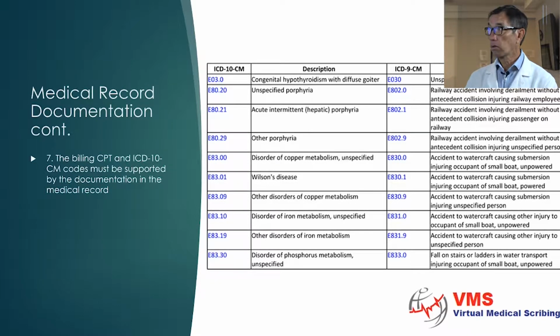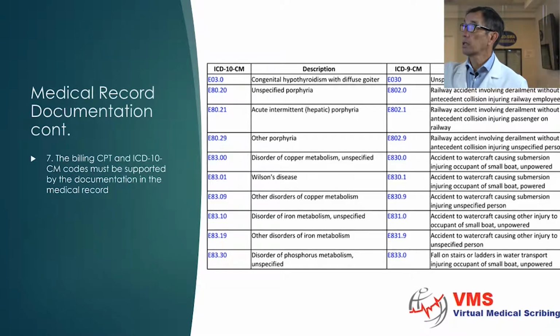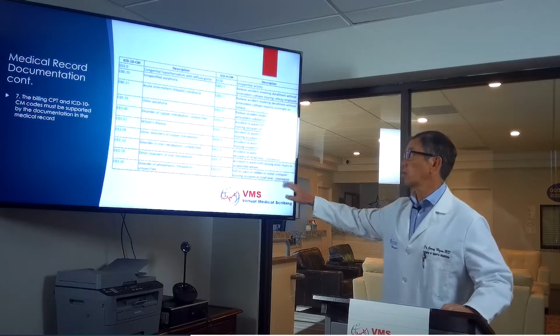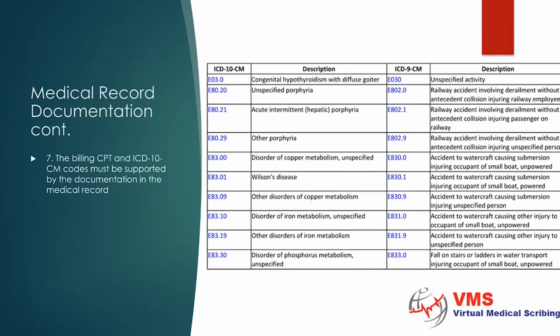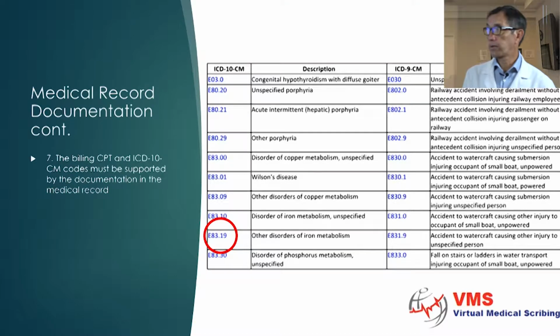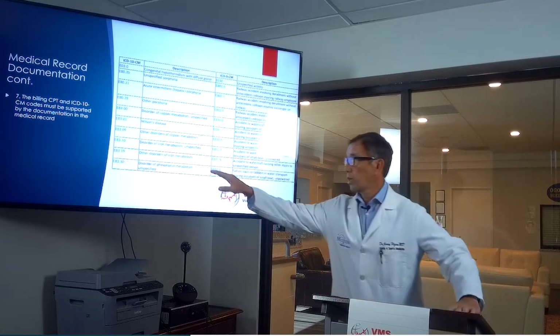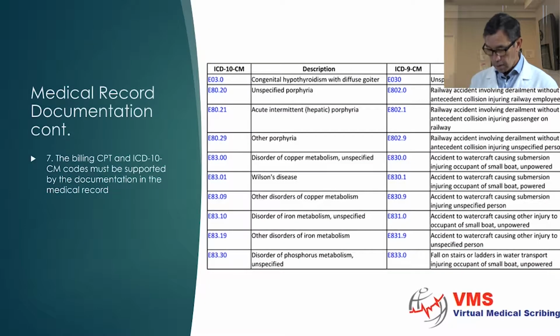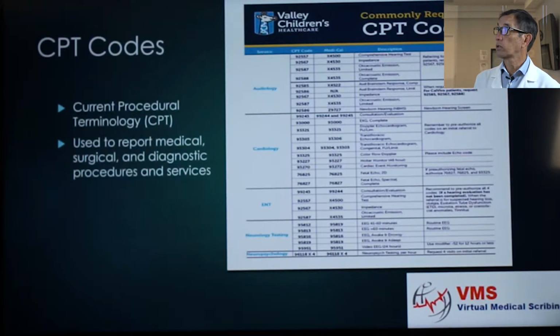So we'll go through them in detail now. But this right here is a diagnostic code. So for example, if you have a problem with your iron, it is an E83.19. And so each number means something, and the physician gets very compulsive about which one to use.